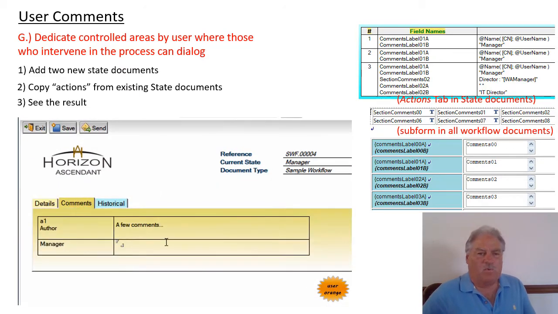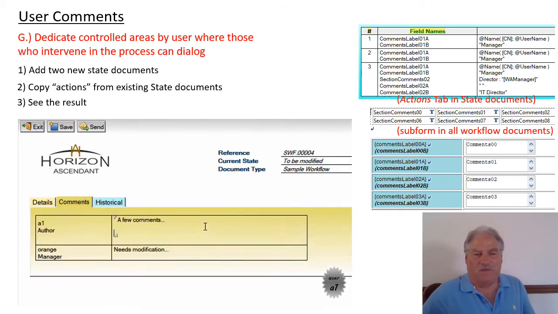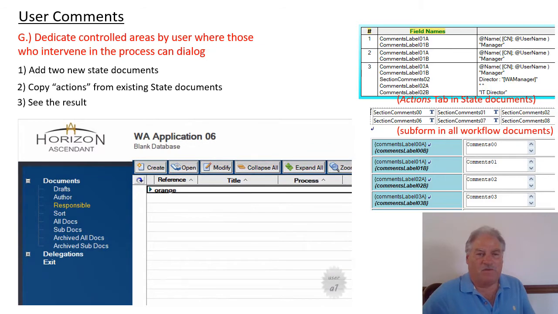So the manager here will enter some comments and send it back to the author for modification. And as you can see here, the author cannot modify the comments of the manager, and so on and so forth.